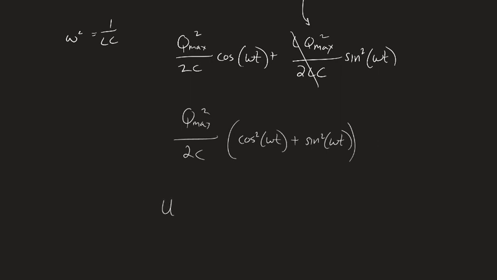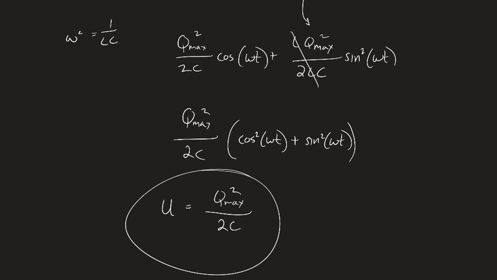So you get the total energy in the circuit equal to Q max squared over 2C, which is the amount of energy that was in the capacitor when we started. So it does sum to be equal to a constant. That's what you needed to be able to show today. All right.